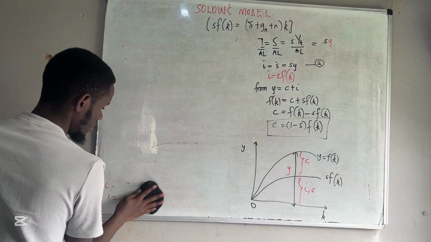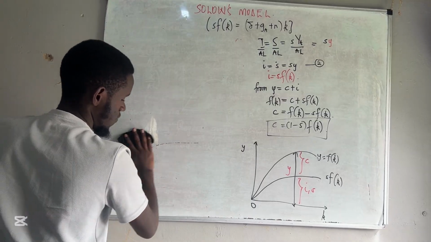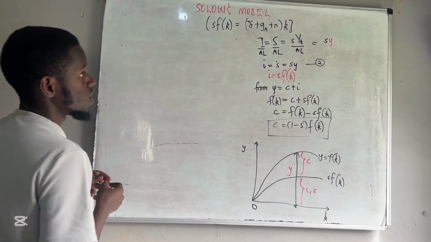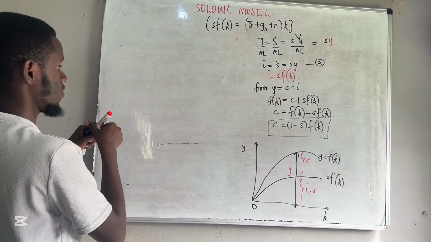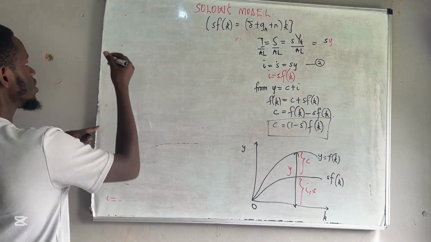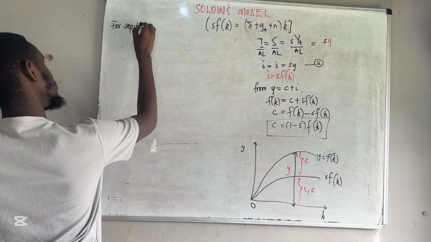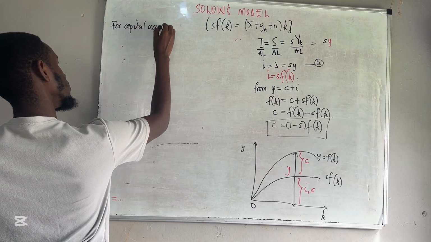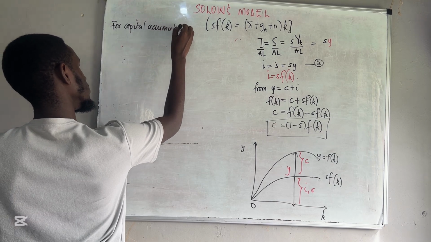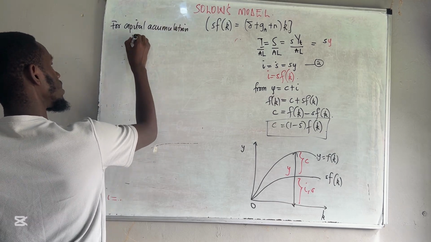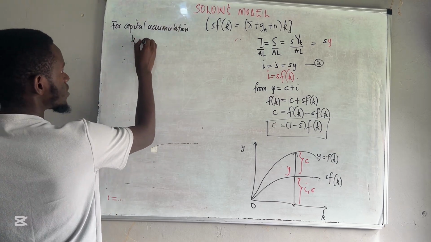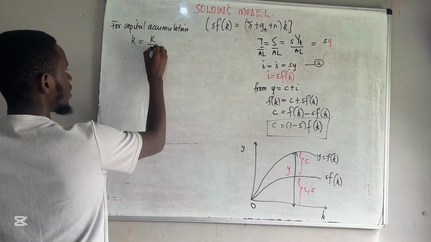Now, members, remember we said capital accumulation. We say that this small k, capital per effective worker, equals what? Capital K over AL.